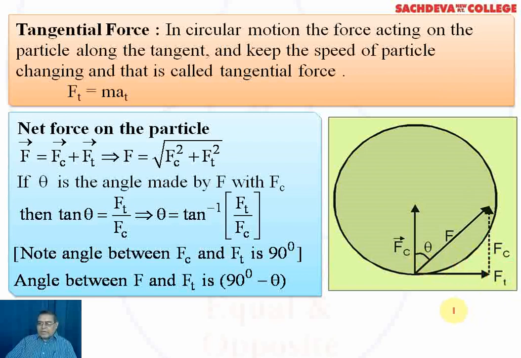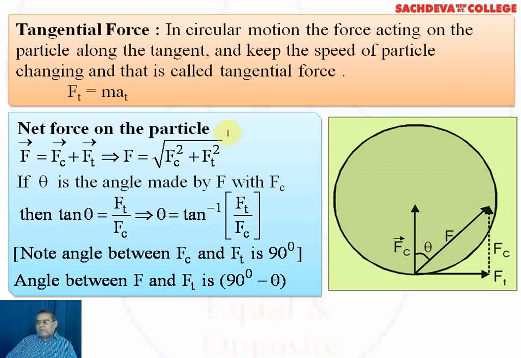So it is forming a right angle triangle. Wherever there is a right angle triangle, we can use Pythagoras theorem. Tangential force is basically, in circular motion, the force acting on the particle along the tangent. Now what is the net force on the particle? That is what we have to calculate. Net force is calculated using the Pythagoras theorem.